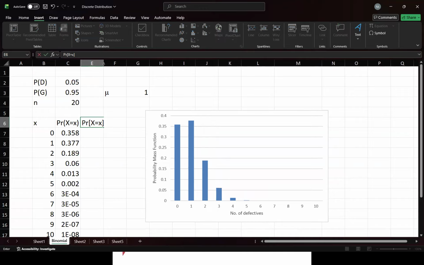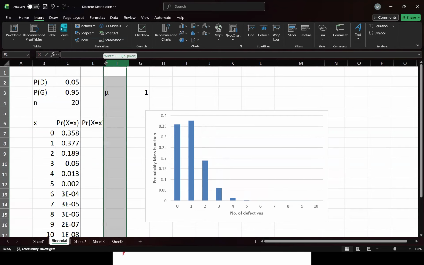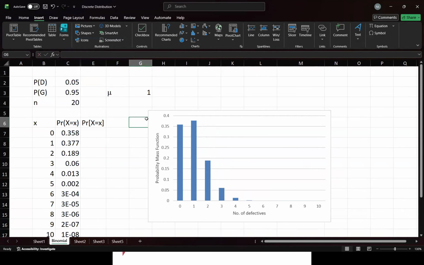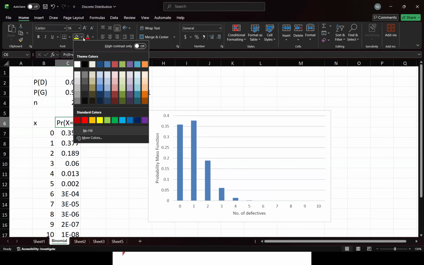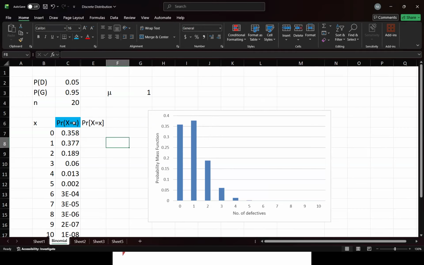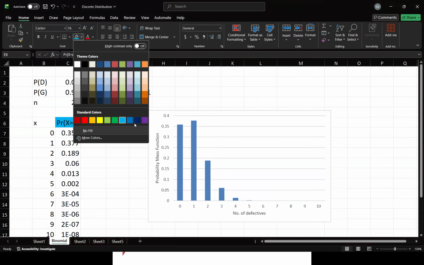Just for the indication, I turn that one to blue, indicating that the blue color column title means the binomial calculation, and P, I convert that to purple.